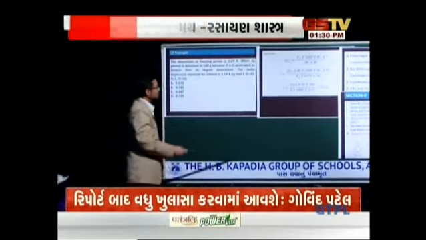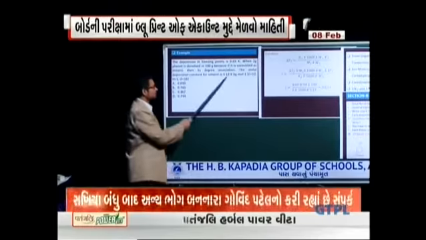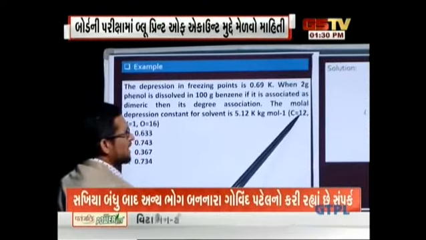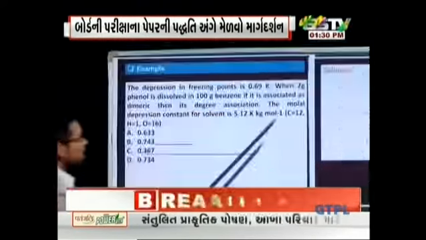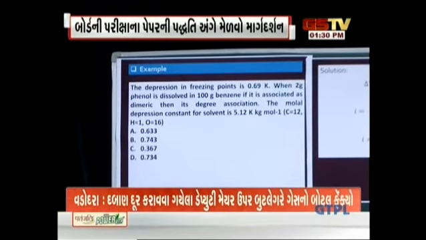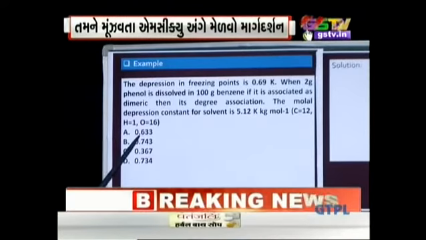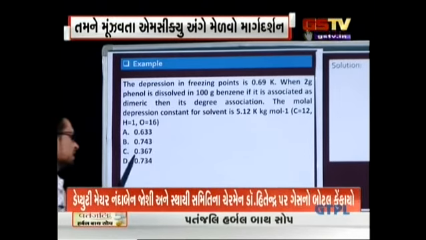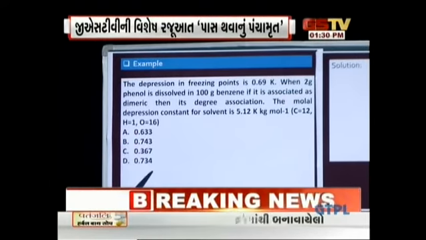The molar depression constant for the solvent is given, which is 5.12, and the atomic masses of carbon, hydrogen and oxygen are also given. By using these atomic masses, you can find the molar mass of phenol. Now we have four options: option A 0.633, option B 0.743, option C 0.367 and option D 0.734.